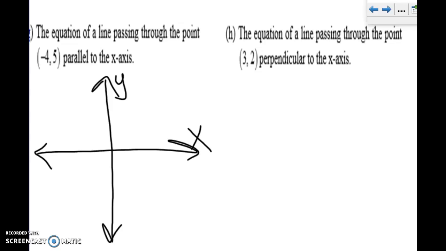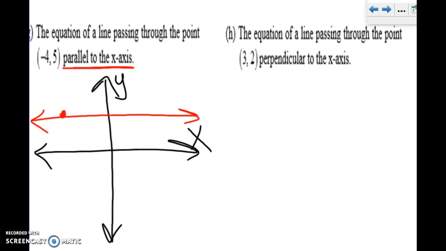So I'm going to plot the point (-4, 5). So -4 would be left, up 5 would be right about here. And then it says the line is parallel to the x-axis. Now, we got to remember what parallel means. Hopefully this is something you already know, but it means they'll never cross, all right? They'll never intersect, two lines that will never meet. So parallel to x means it can't cross x, so it's got to be a horizontal line, all right?